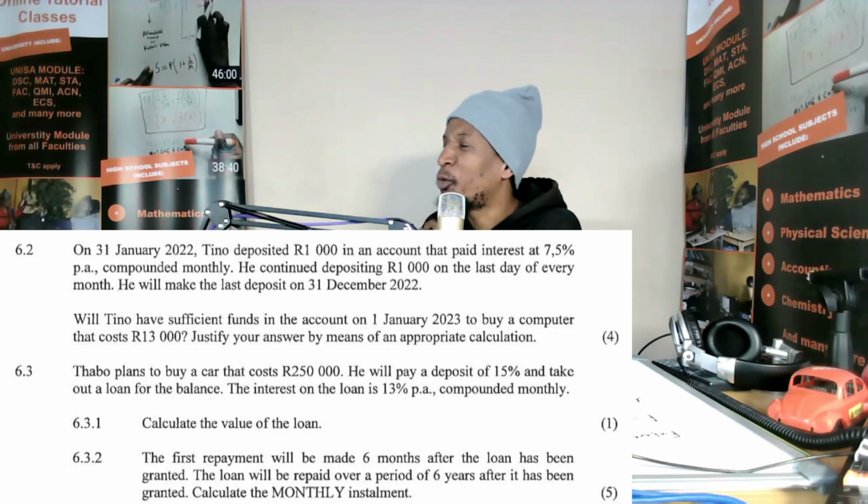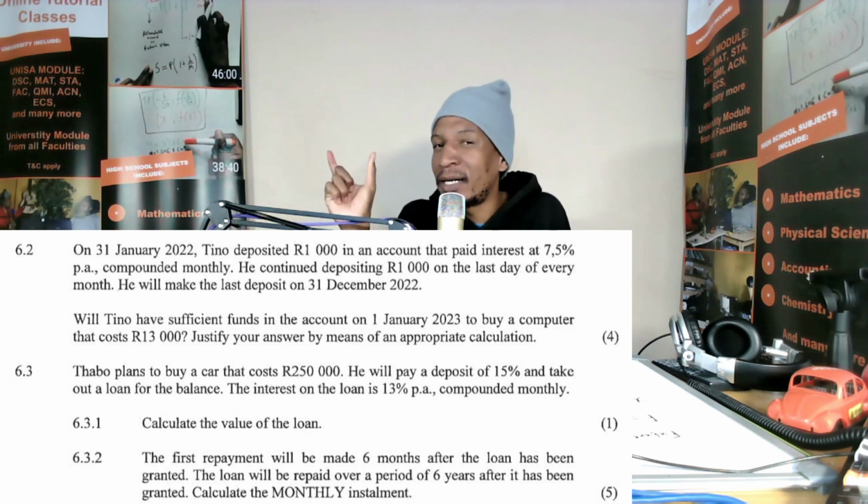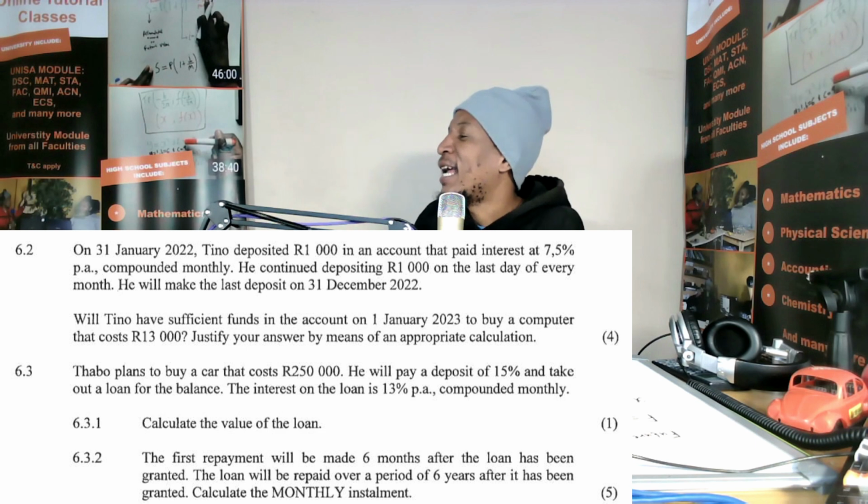So for 6.2, the question goes like, on the 31st of January 2022, Tino deposited 1,000 in an account that paid interest at 7.5% per annum, compounded monthly. So we have the compounding period there, M, compounded monthly.